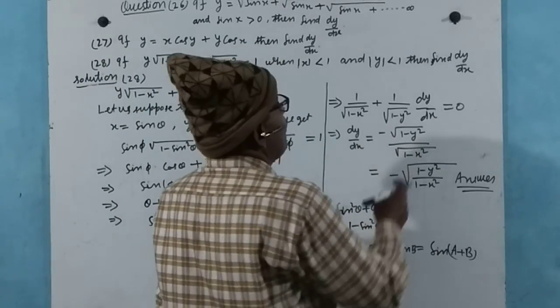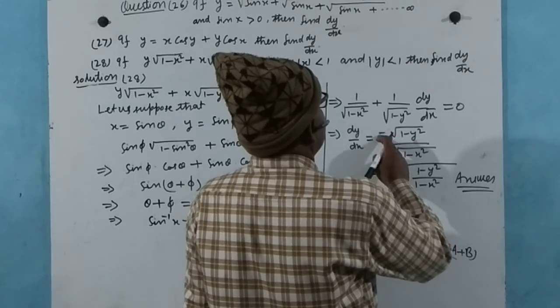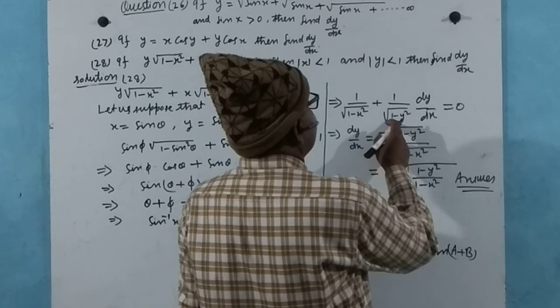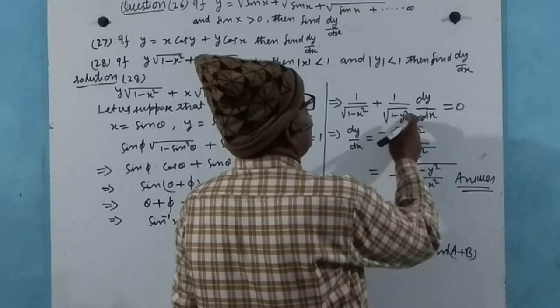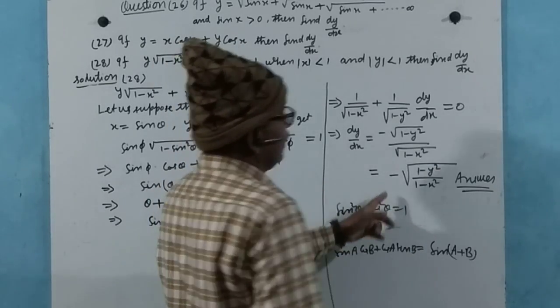Now this comes here with a negative sign, so multiplying, dy by dx equals minus under root 1 minus y square divided by under root 1 minus x square. This is our answer here.